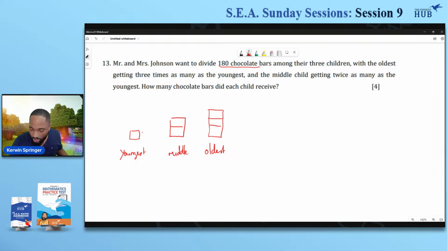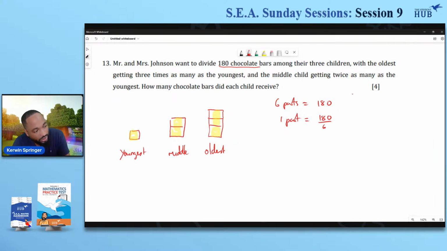So the youngest has 1 block, the oldest has 3 times that block, and the middle has 2 times that 1 block. And that's it. No excess, nothing. It's so simple. How many parts? 6 parts. 6 parts is 180. So 1 part is 180 divided by 6.